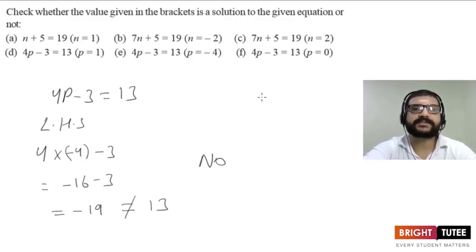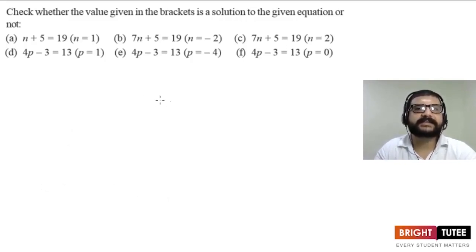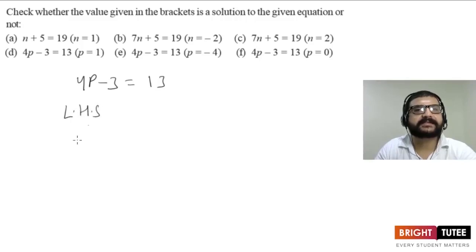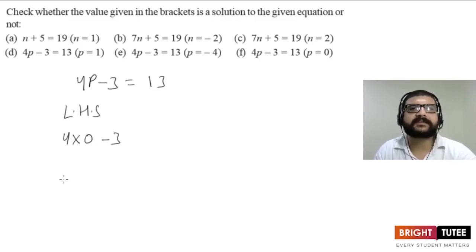Now let's see one more question. The equation is same only. 4p minus 3 is equal to 13, but the value of p this time is given as 0. Let's substitute it here and simplify the LHS. So it becomes 4 into p, which is 4 into 0 minus 3. Now 4 into 0 will give us 0.